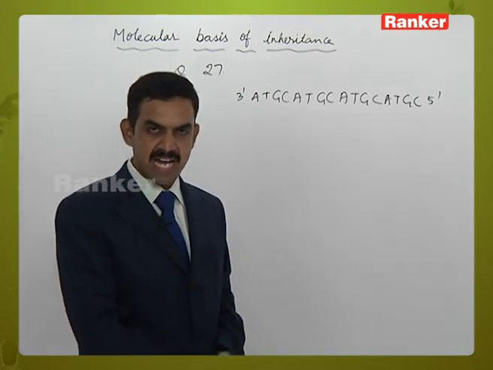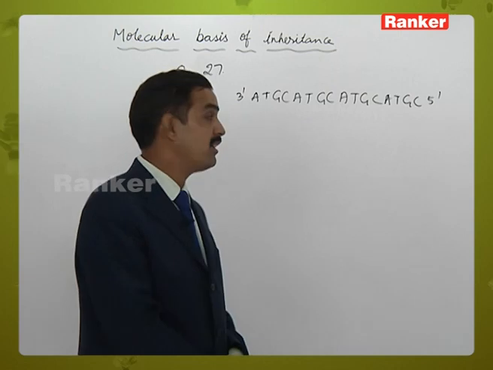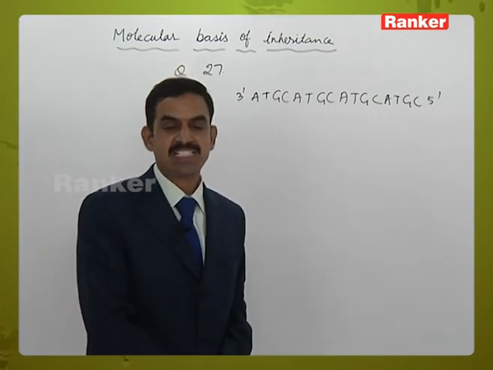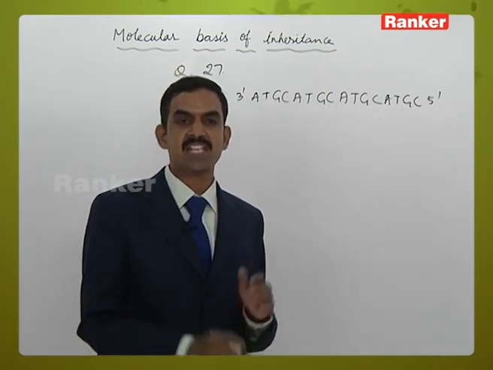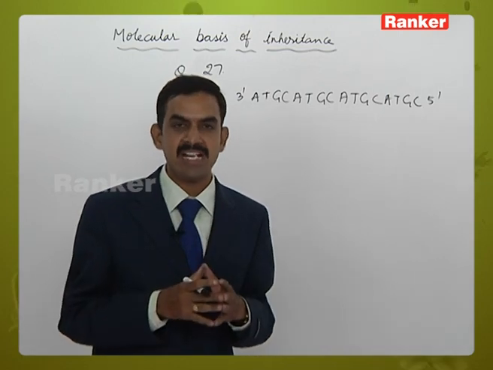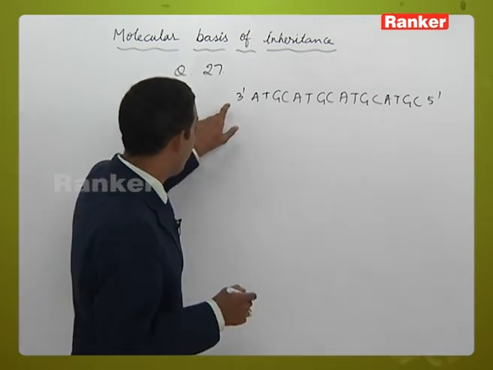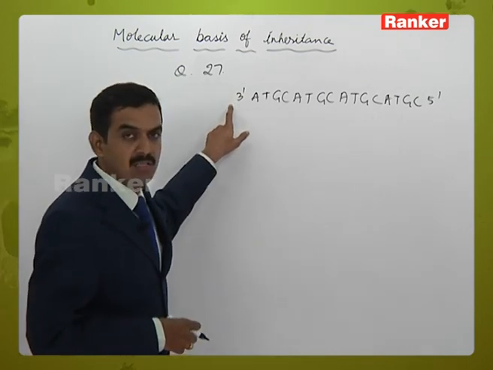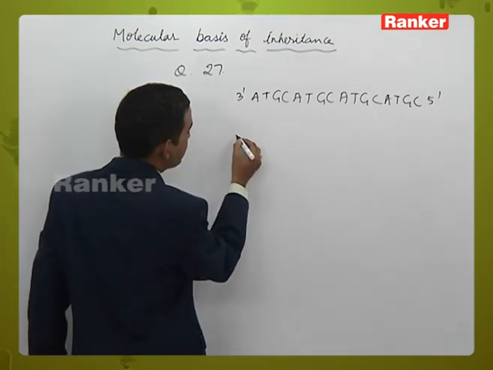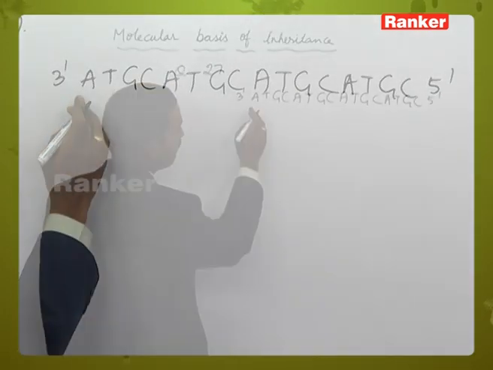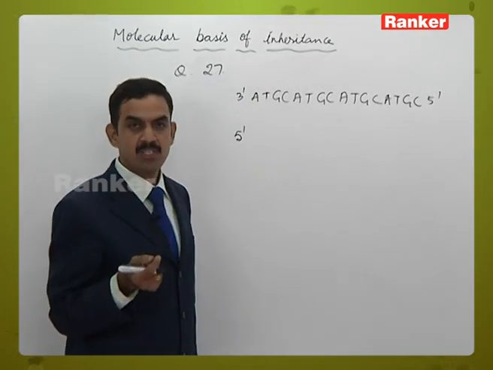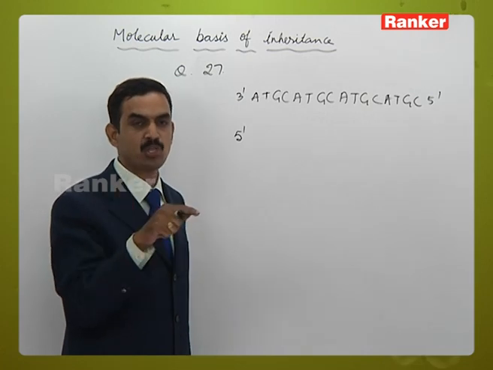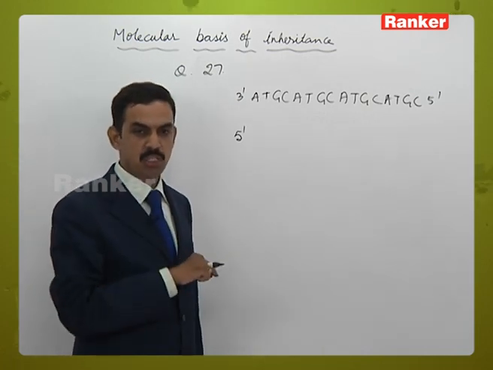This is the antisense strand, or the template strand of the DNA, which helps in mRNA synthesis. So the mRNA which is formed will be complementary: where adenine is present, thymine would come, but since it is an mRNA molecule, uracil will come instead of thymine.